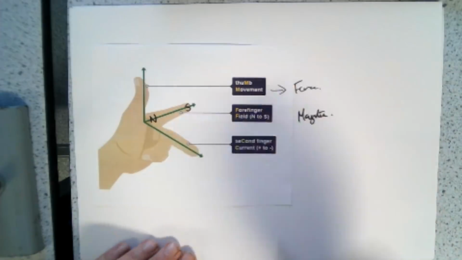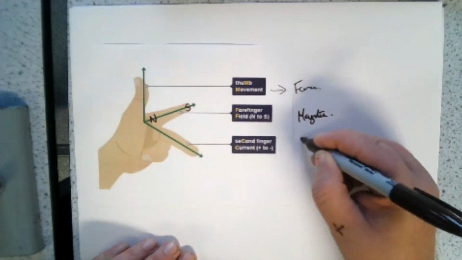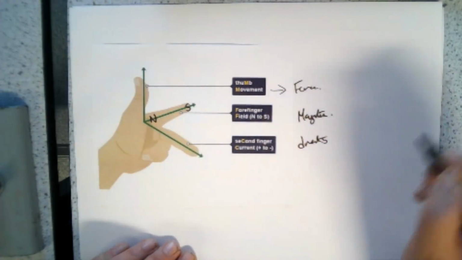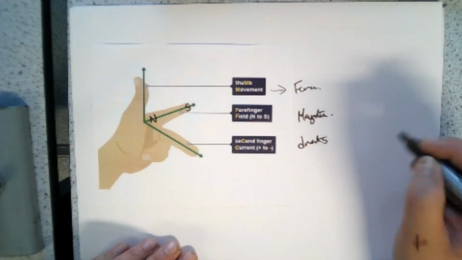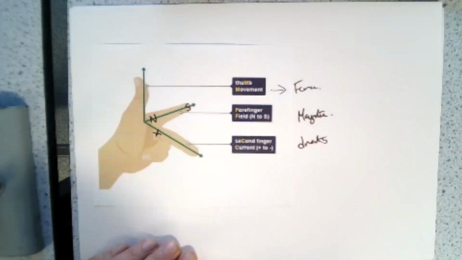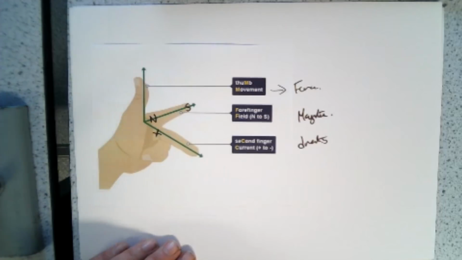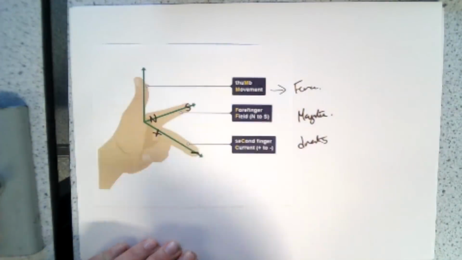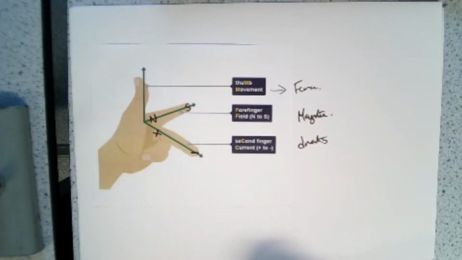And then your second finger represents the direction of the current. And again, it's positive where your finger joins the hand, and it's negative at the tip of your finger. That helps you to orientate your hand when you're actually using it in your exam tomorrow.